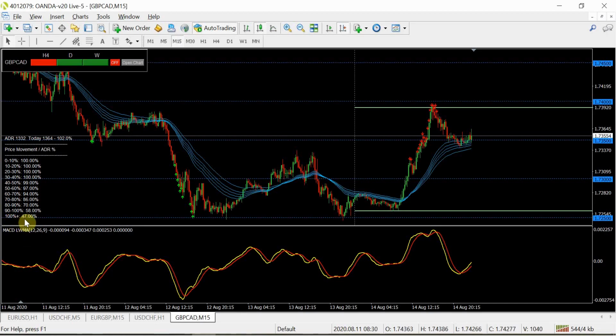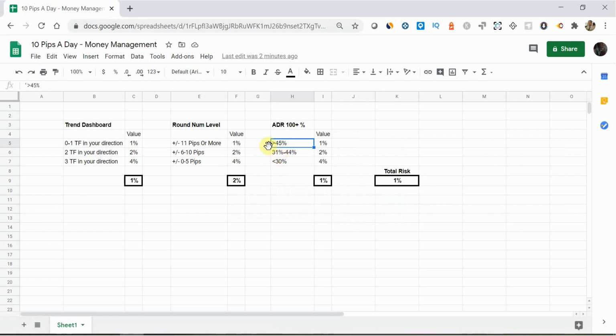You can see here it's at 47%, which puts it in the higher category, so pretty much 1 in 2 chance it will go higher than that amount, and that could just be 101% and then reverse. But for the purpose we're looking at, we want an extreme, which doesn't happen very often.